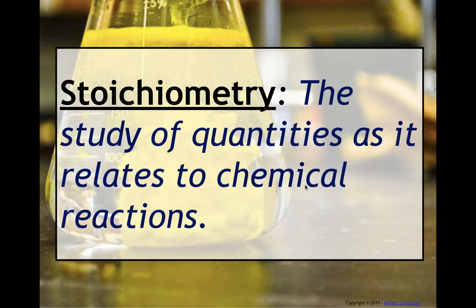Chemistry is called a quantitative science, meaning that we can measure it and count. Some sciences are not quantitative. Chemistry and physics are certainly quantitative. Something like biology, which I teach and really enjoy, is not as quantitative as chemistry or physics.